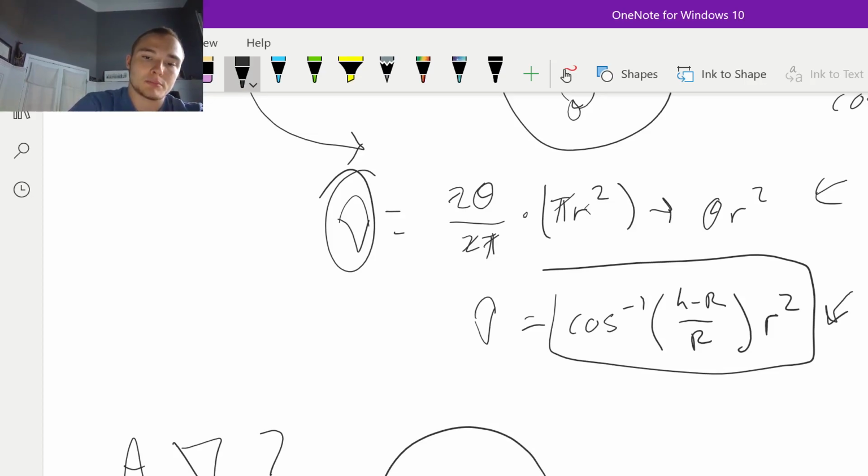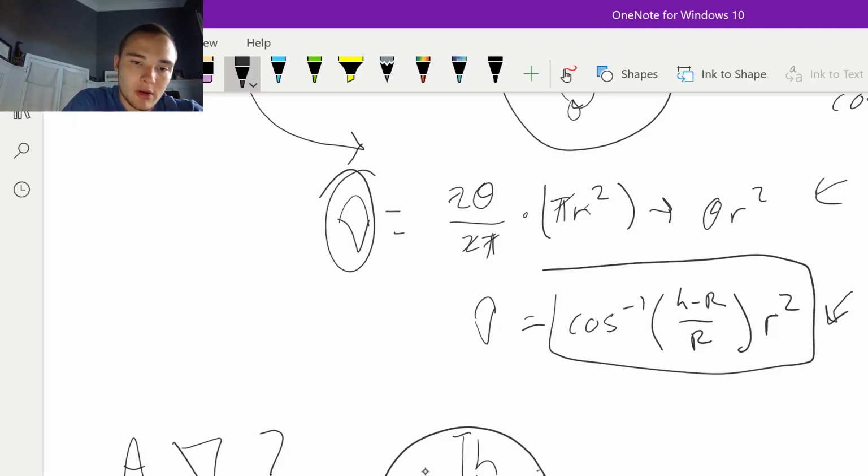Radius, height r, h minus r. Okay, so what we don't have is this base right here and this base right here.